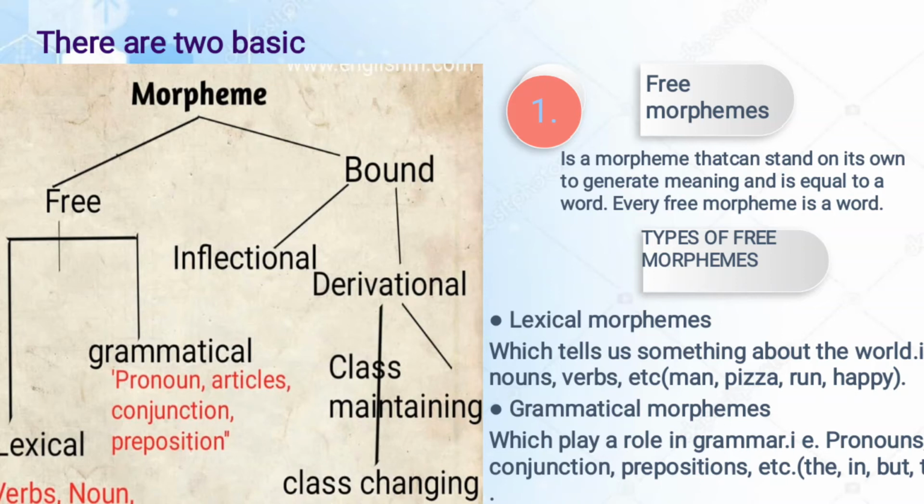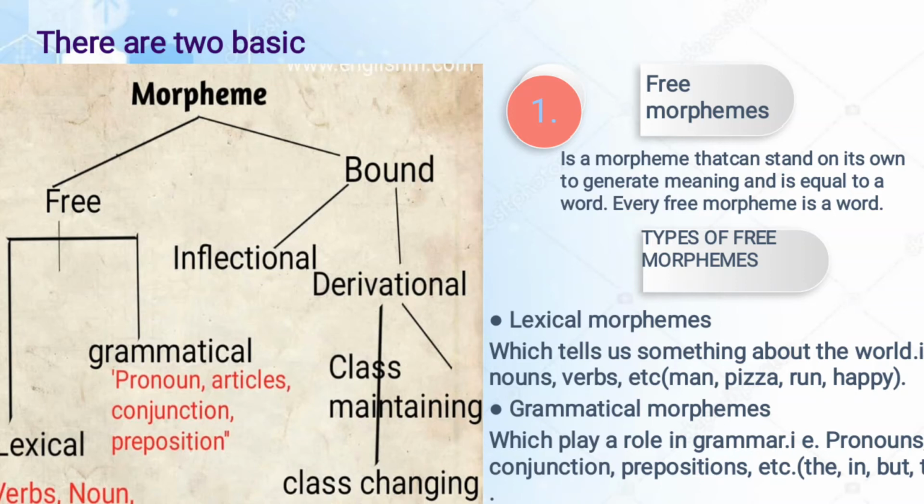Types of free morphemes. Free morphemes are divided into 2 types, that is the lexical and the grammatical morpheme. The lexical tells us something about the world. It is made up of nouns, verbs, and others. Examples of these morphemes are man, pizza, run, happy, and the like.